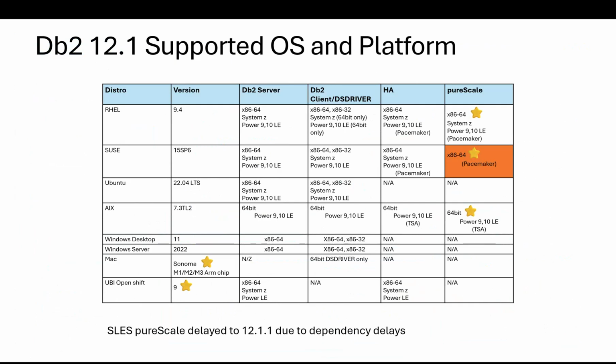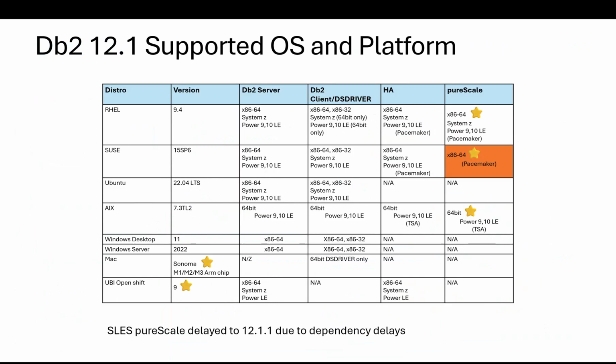And so with that, most of our version releases have moved forward. So Red Hat 9.4 is the minimum for Red Hat, SUSE 15 Service Pack 6, Ubuntu 22.04, and AIX 7.3 TL2.